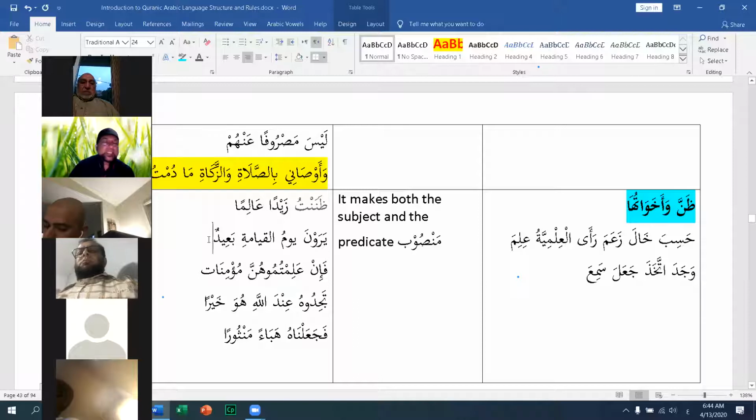Now we're only saying this sentence for the example, but that phrase is wrong actually. يوم القيامة is not بعيد, it's near.